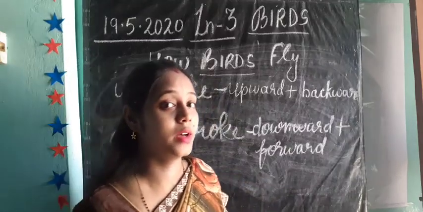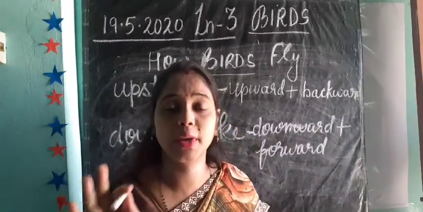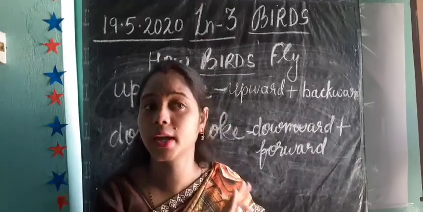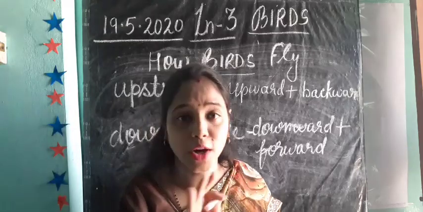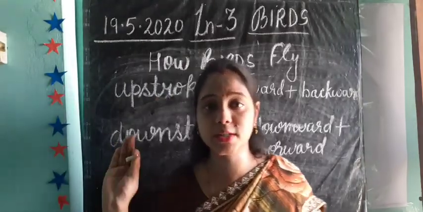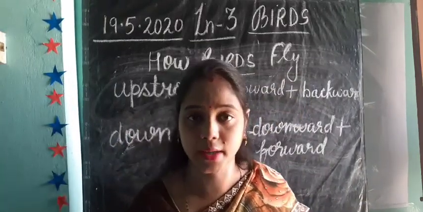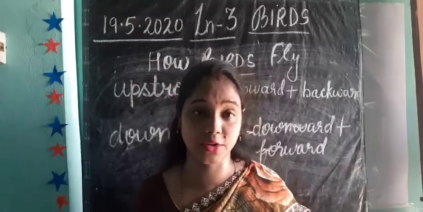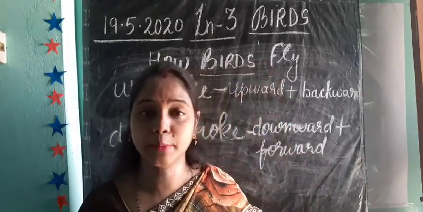Flightless means flight feathers will be absent. If flight feathers are not there in their body, they cannot fly. So in our birds world, some birds cannot fly. They are ostrich, emu, cassowary, rhea, kiwi and penguin.